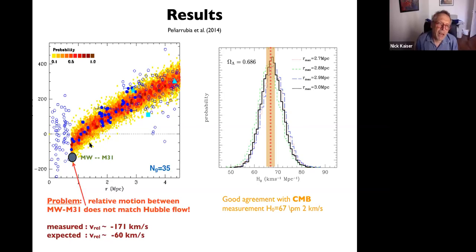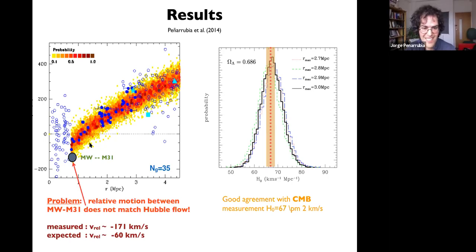The other question I had is what's the motivation for wanting to make the scatter in this plot as small as possible? Well, because the underlying assumption here is that the Hubble flow is very cold, and that the scatter you would see is a combination of errors plus some hyperparameter sigma squared.